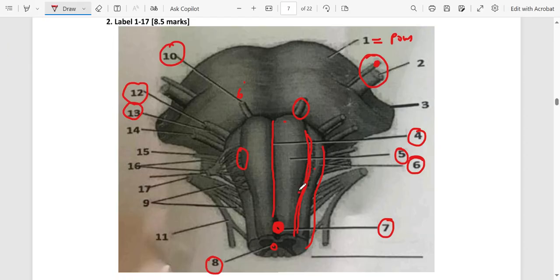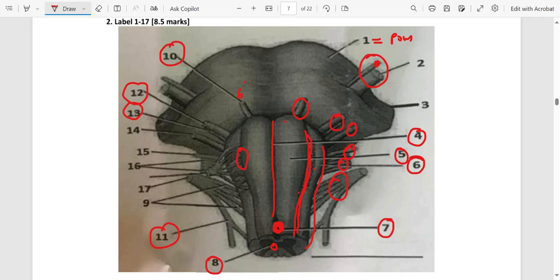And then in the post-olivary fissure, you now count them. Remember this was 7, 8. So you now start 9, 10, and 11 downwards. That's how you number them. So the downmost one is going to be 11.